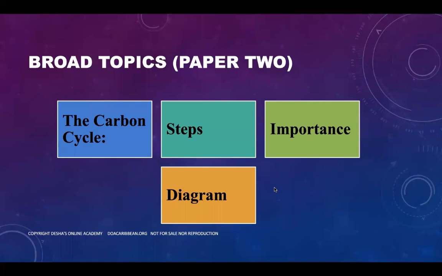Deforestation, when we remove the trees, that is going to cause the increase in the amount of carbon dioxide in the atmosphere because we won't have trees to absorb it. So guys, you understand now how you need to study? If they say carbon cycle, one, you must know the steps of the carbon cycle, the importance of the carbon cycle, how we as humans affect the carbon cycle, and you must know how to draw the carbon cycle.